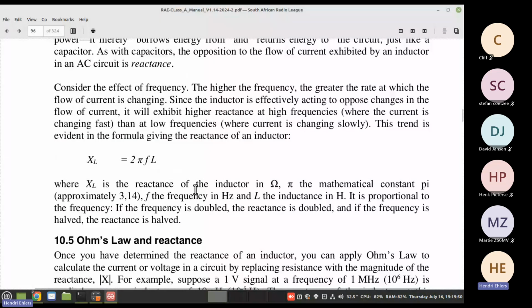And there's your formula to calculate the reactance. The L is obviously for the inductance, so reactance equals 2 pi times frequency, times the value in milli or micro or in Henry.